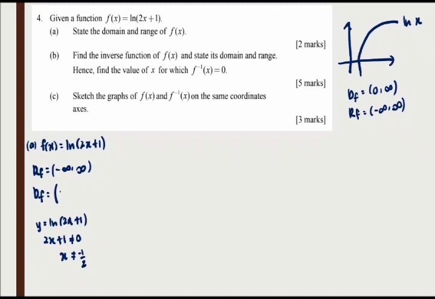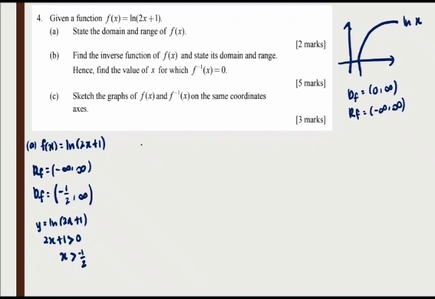So that will be our domain, negative 1 over 2 to infinity. Sorry, over here it must be greater than 0, not equals to, because it also cannot take negative values. So negative 1 over 2 to infinity is the domain, and the range is negative infinity to infinity.